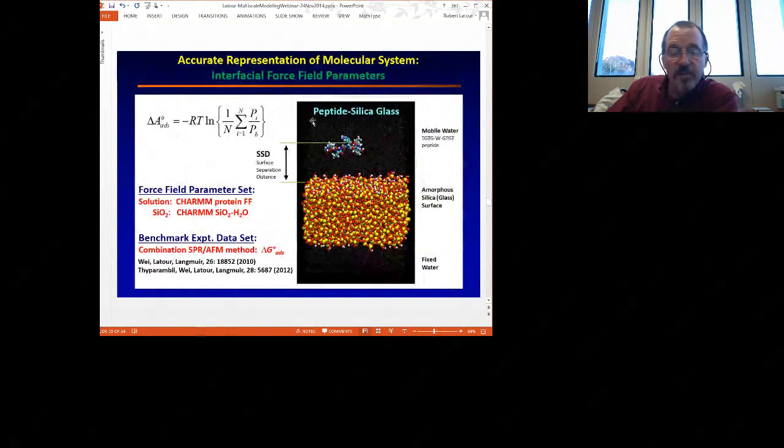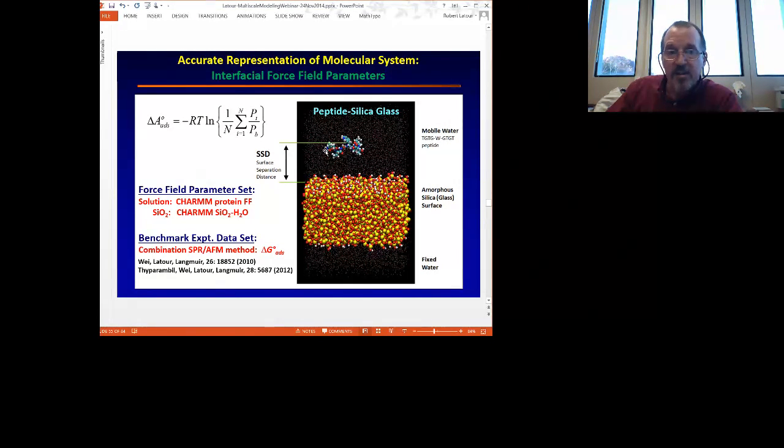So the problem is we can't just go in now and change the parameters of our peptide to get it to absorb properly to the surface, because the parameters we're using are designed to control the conformation of the peptide in solution. And that's just as important if we're going to represent protein absorption behavior.